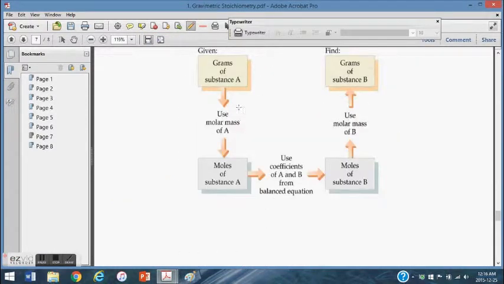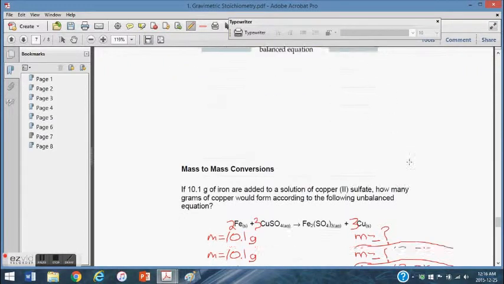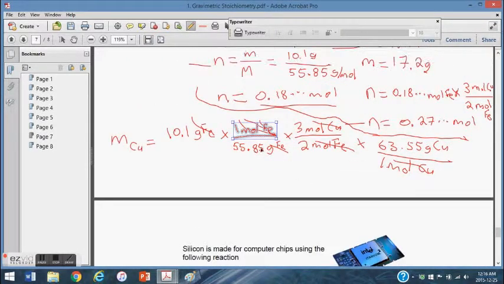I have grams of substance A. I want to go to moles, so it's grams on top, moles on bottom. Now I've got moles of A. I want to get to moles of B, so I put moles of B on top, moles of A on the bottom. And then I'm going to multiply by molar mass. I want to go to grams of B, so I need grams on top and moles on bottom. Exactly what I've done right in here.